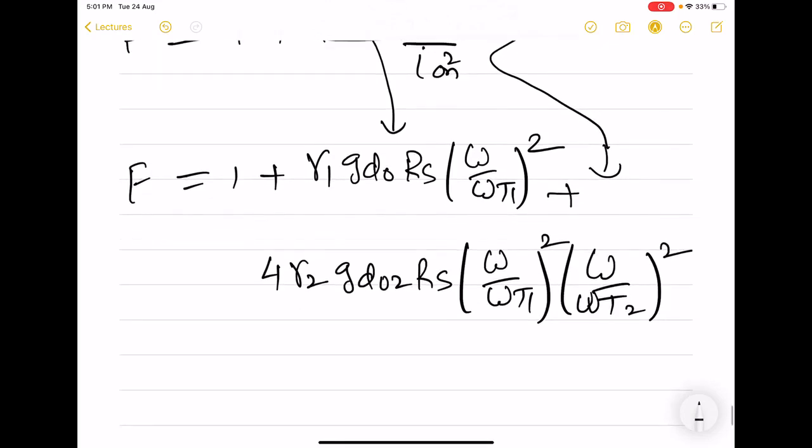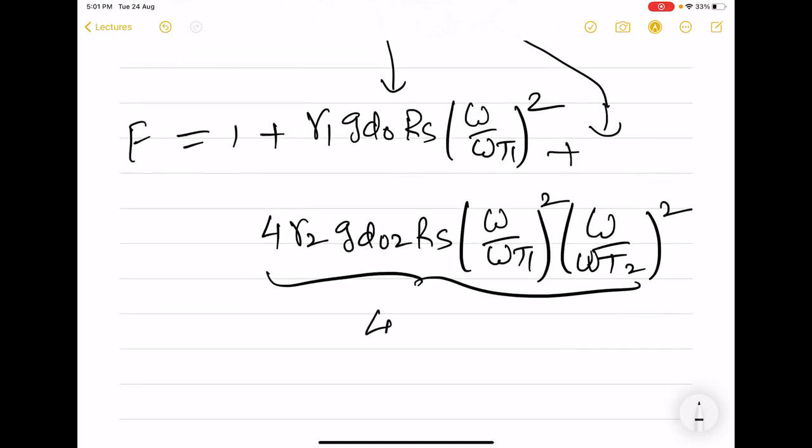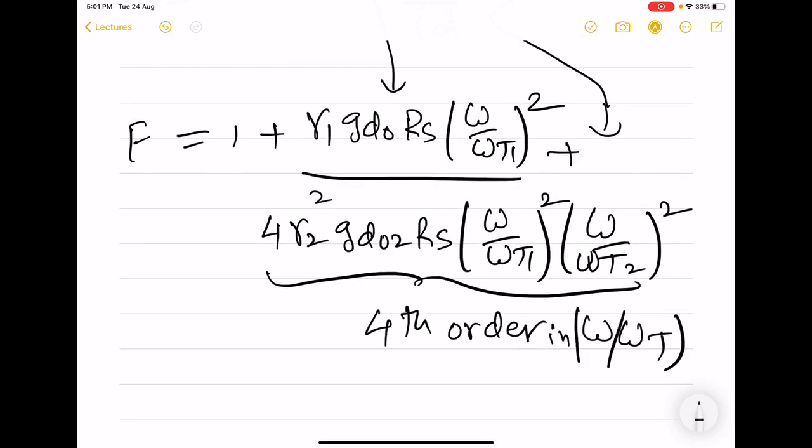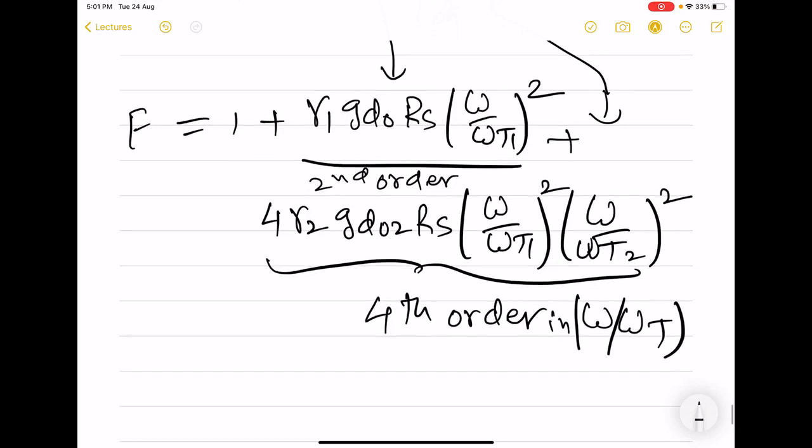So here we see that this third term is fourth order in omega by omega T, while this second term is second order. Right, so as the omega by omega T ratio widens up, this third term is going to be very, very small, and one can, for the majority of cases, make this approximation.